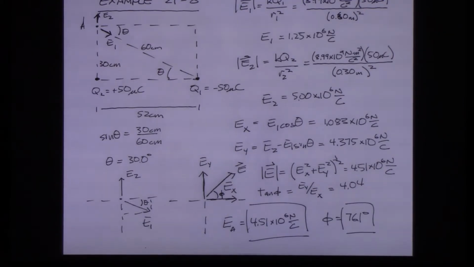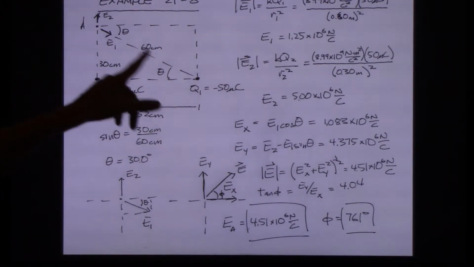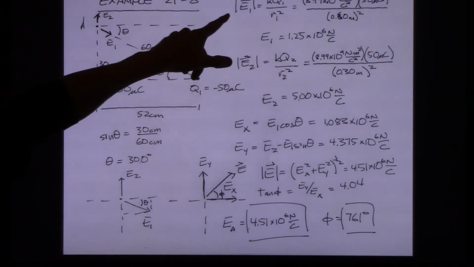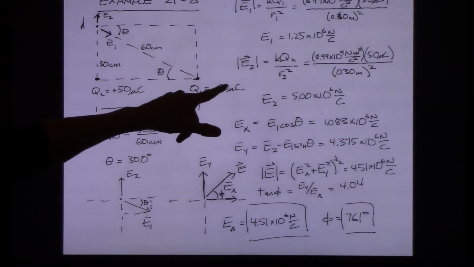And here we go. Here is point A, and here is the electric field due to charge 1, here's the electric field due to charge 2. That diagram has taken care of all my directional information. I can now stop worrying about positive and negative charges. All the positive and negative charge information was included once I determined directions of E1 and E2, and now I'm just calculating magnitudes.